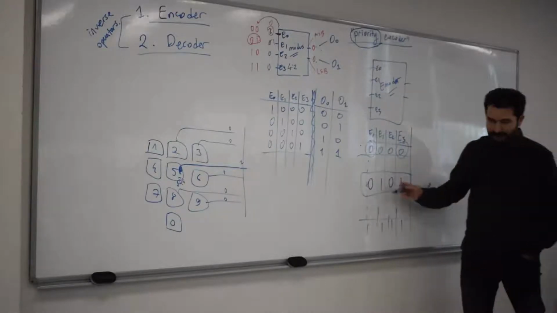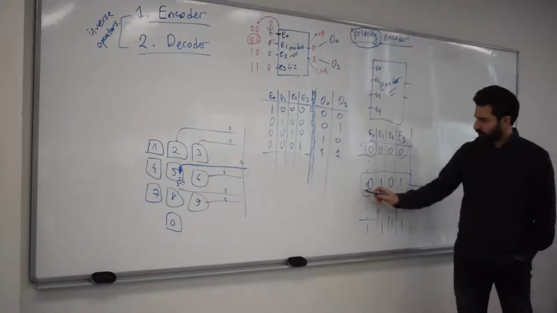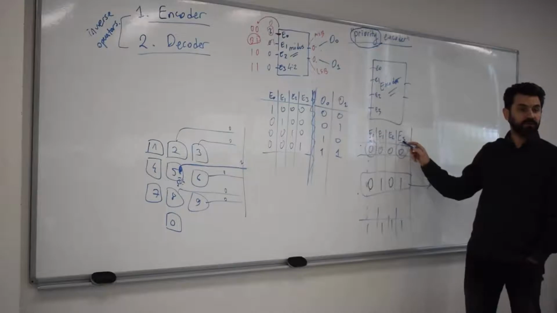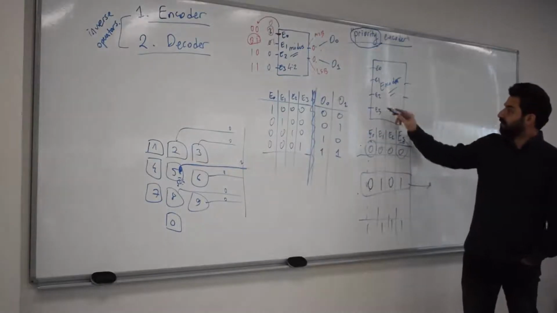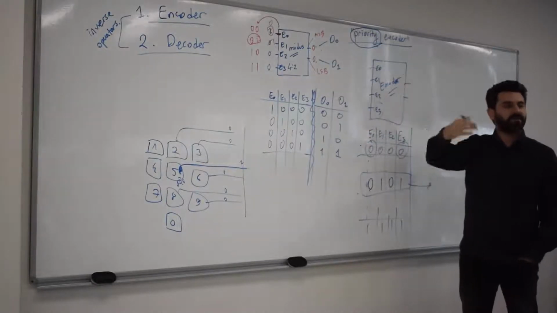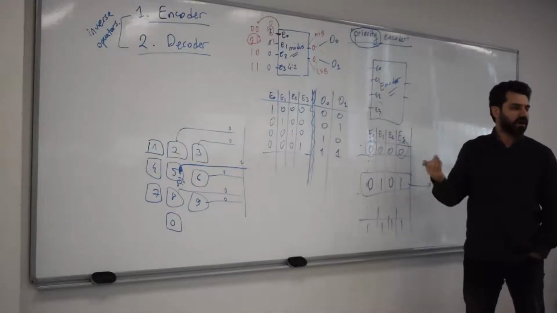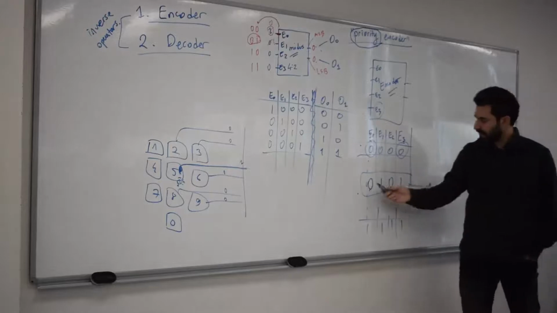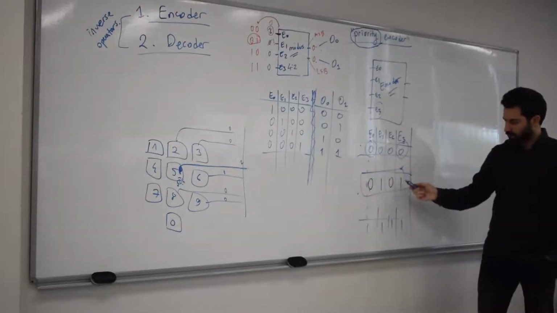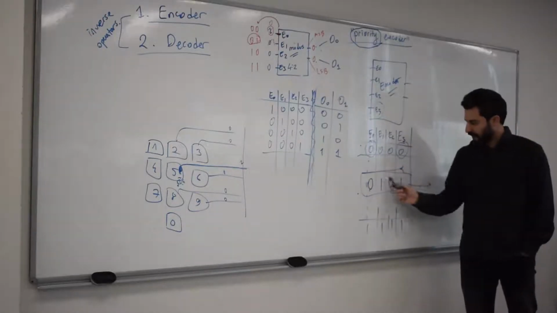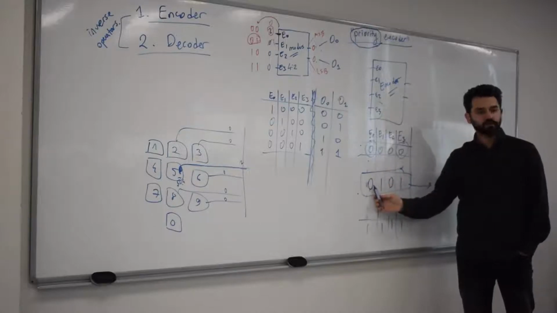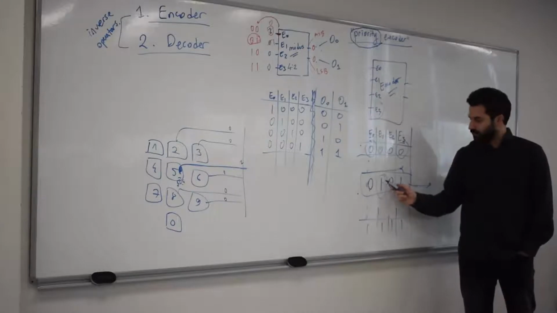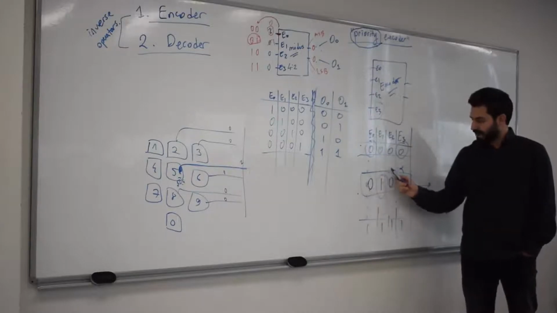Why? Because, as I said, the logic is simple. You start from here, treating this as the most significant bit and this as the least significant bit. Sometimes you may treat them the other way, depending on how you define them, but I define E0 to be my most significant. You go from left to right and search for a 1. The first 1 from left to right is the real one.